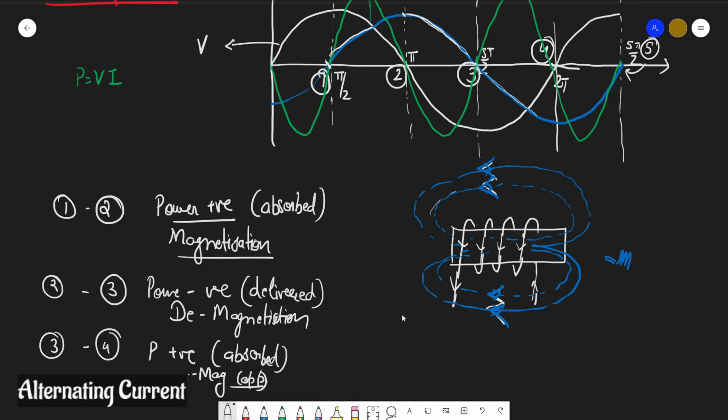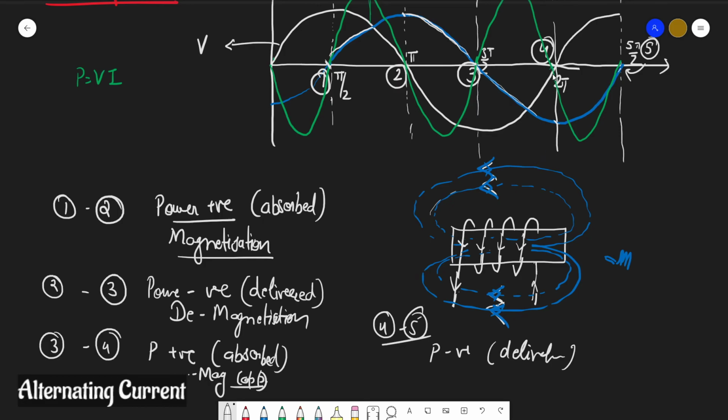And finally we have the 4 to 5 interval, and here you can see that the current is going towards 0 again. First of all, the power is negative, you can see in the graph, so it is getting delivered. Let us see the magnetization and demagnetization.